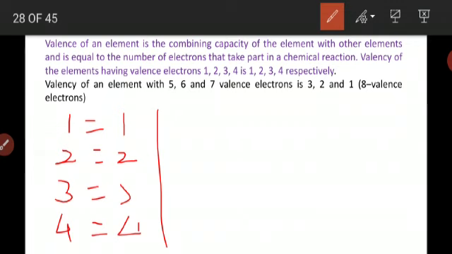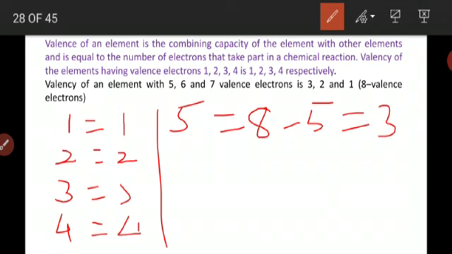Suppose the electrons are above 4, like 5, 6, 7. If 5 electrons are present in the outermost shell, you consider 8 minus 5 is equal to 3.